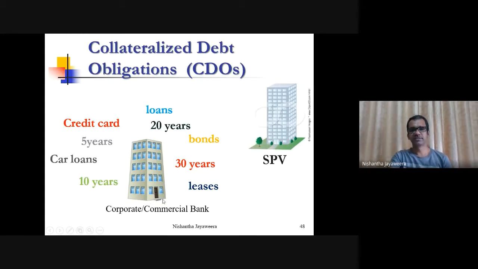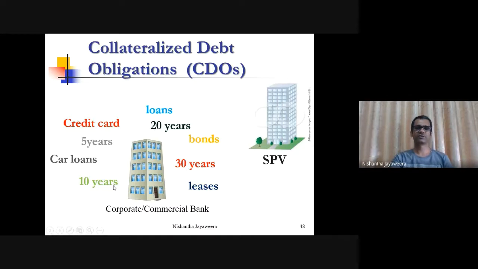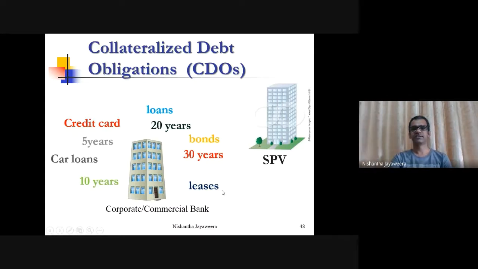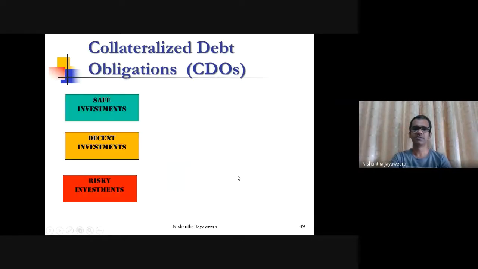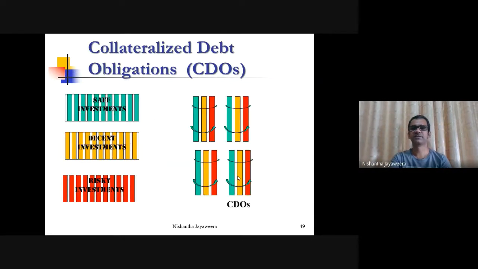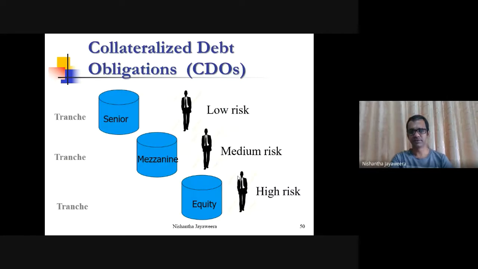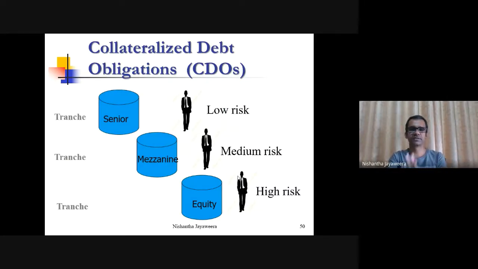The originator generates assets, meaning grants loans to different sectors, and transfers those assets to the SPV. The SPV bundles them and sells them to the investors. That's the first part, up to the creation of the securitized product.